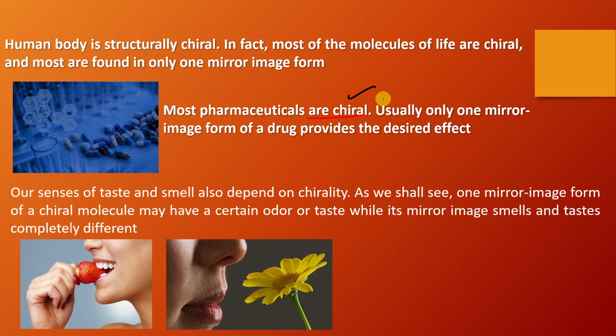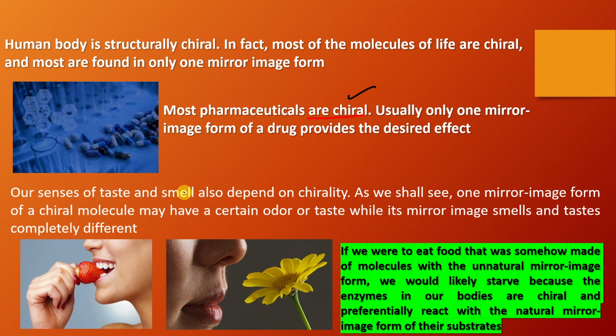Now our senses, our taste and our smell, also depend upon chirality. Only one mirror image form of a molecule will smell one way, and if you take the other mirror image of the molecule, it will smell another way. The receptors in our body that give us the sense of taste or smell are also chiral, so we can sense only one type of molecule.